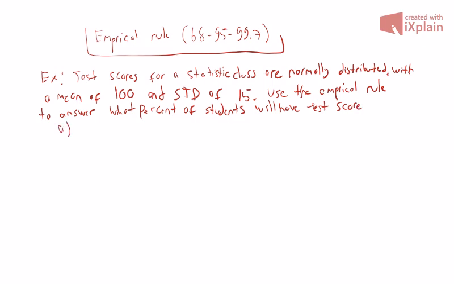Part A is above 145 and part B is below 85.